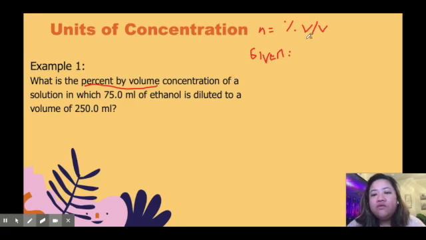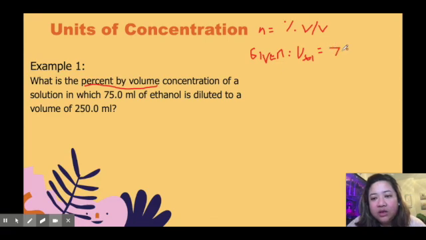So since we're looking for volume, we need to find the volume of solute, V solute, I will just write VSOL, equals. Here we have 75.0 ml of ethanol diluted to a volume of 250.0 ml. Therefore, the 75.0 ml of ethanol is our solute.